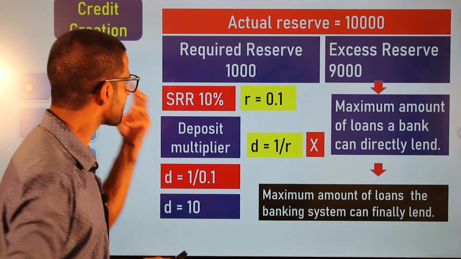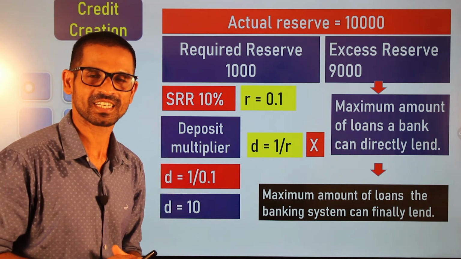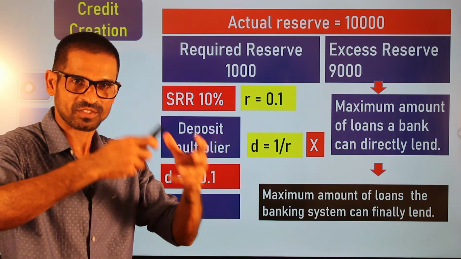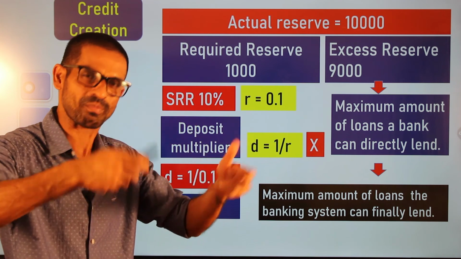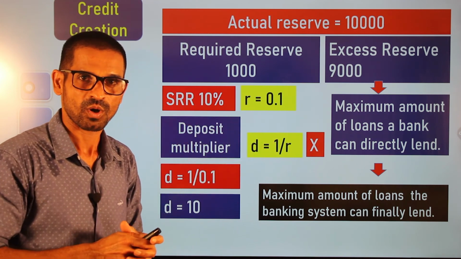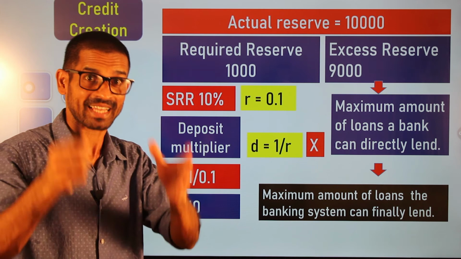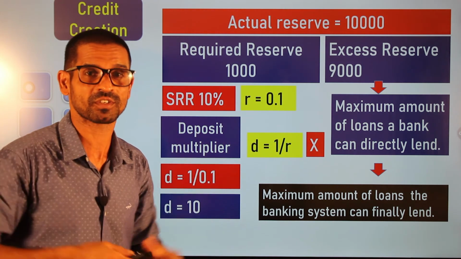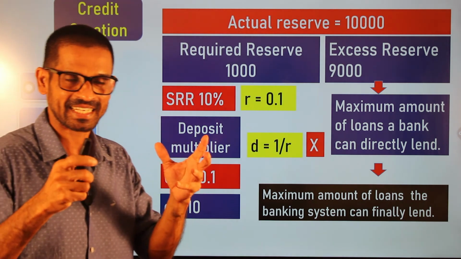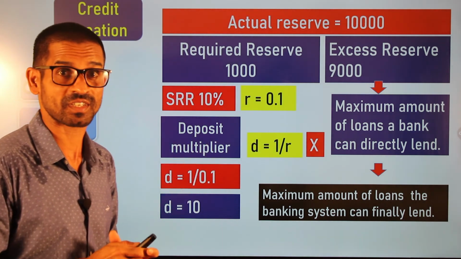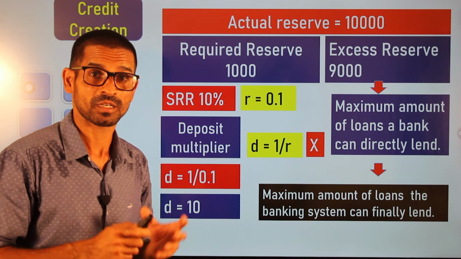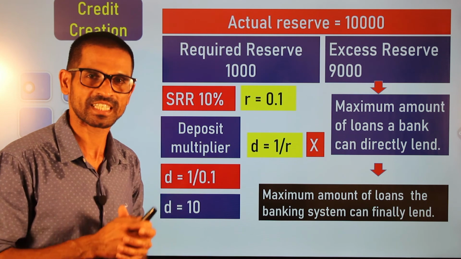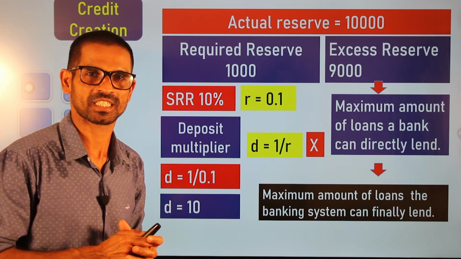And it leads to credit creation. So what is credit creation? Due to fractional reserve banking, based on excess reserves of a bank or banks in the banking system, all the banks within the banking system will be able to create multiple amounts of deposits and grant loans. That is called credit creation or money creation, right?